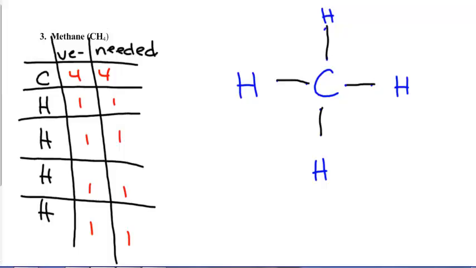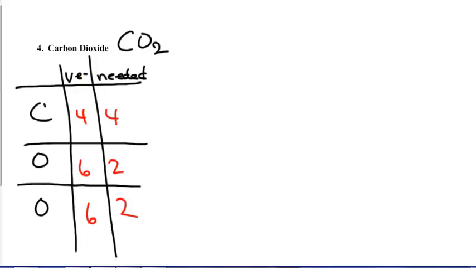How about carbon dioxide? CO2. Dioxide is 2 oxygens, so try CO2. Carbon has 4, needs 4. Each oxygen has 6, needs 2. It's a little different than what we've seen, but still very similar because 2 plus 2 is equal to 4.